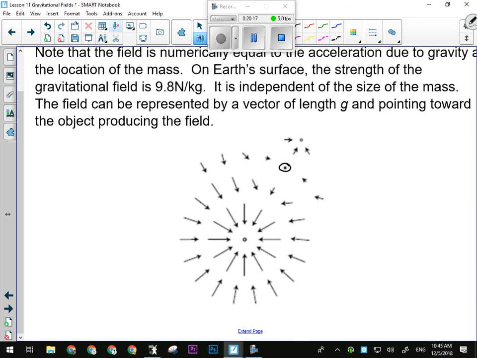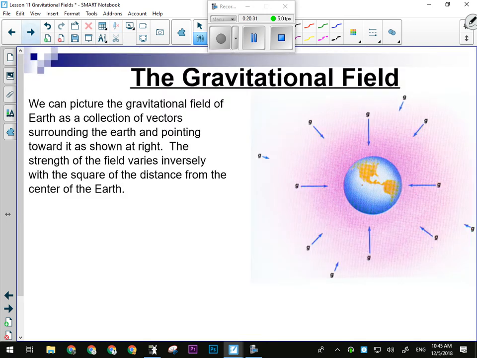The field strength lines pointing towards the moon are much smaller than those pointing to the Earth at the same distance, because the Earth is more massive and generates a stronger gravitational field. When we're close to the Earth, the gravitational field strength is large. When we're further away, it's quite a bit smaller.